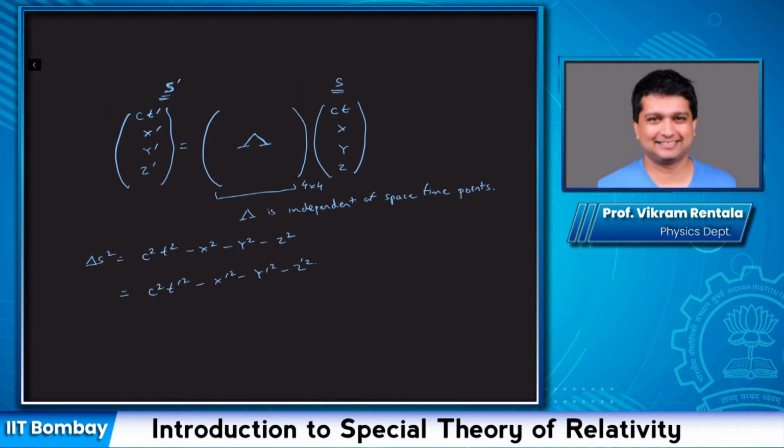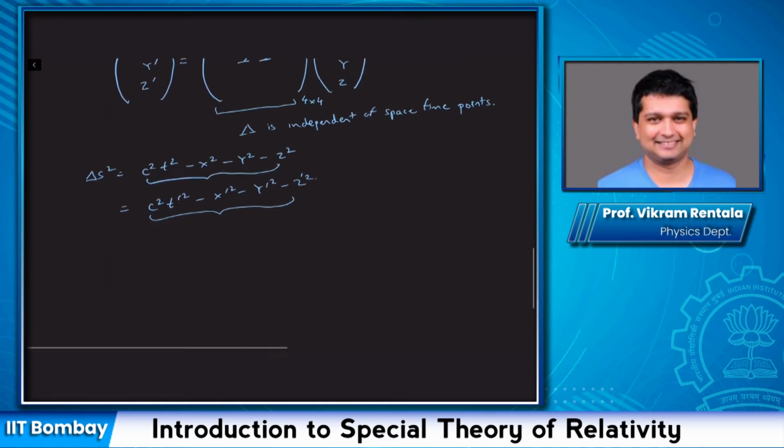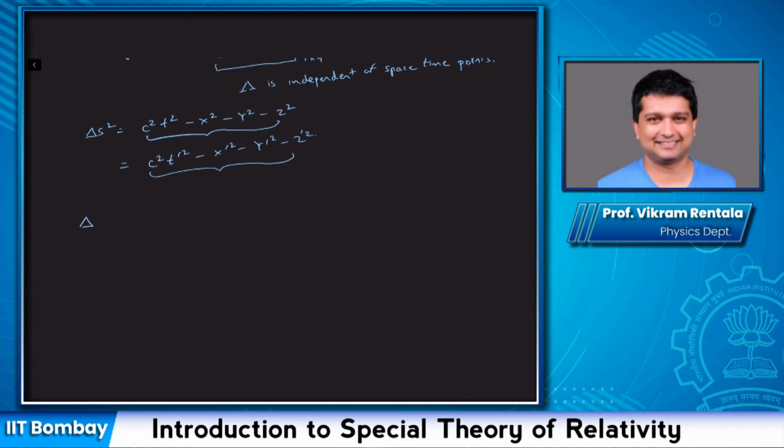And again, we can write this space-time interval using matrix notation. So let's write delta S squared in matrix notation.